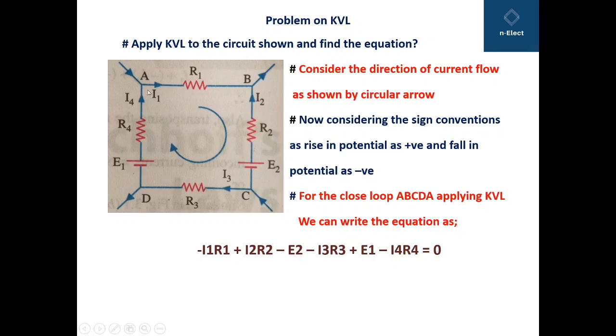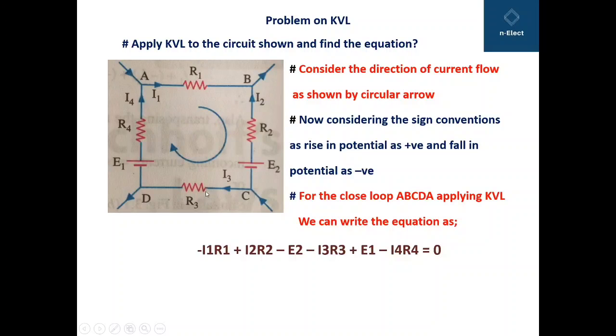We started from A, reached B, reached C, and got this much of the equation. Now we move from C to D and D back to A. From C to D the current I3 flows through resistance R3.